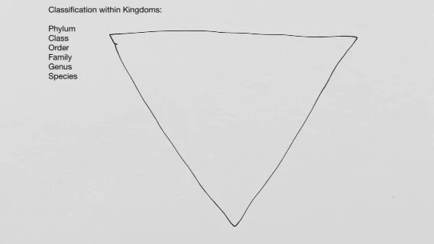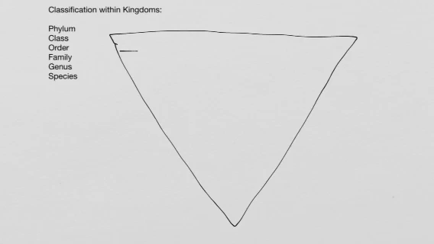So if we look at this triangle, we see that the top is really wide and the bottom is really narrow. The further down this classification list you go, the more specific it is, centered towards one specific type of organism.